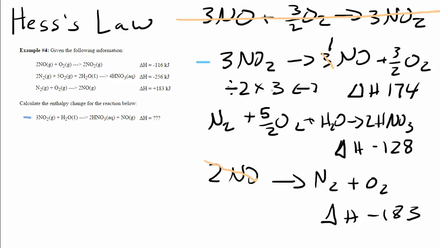All right. And then I've got, what do I got? Okay, this is where it gets a little confusing. I have 3 halves of oxygen over here, and I have 5 halves of oxygen over here. So if I cancel out 3 halves of oxygen with 5 halves of oxygen, that's going to leave me 2 halves of oxygen, because 5 minus 3 is 2.